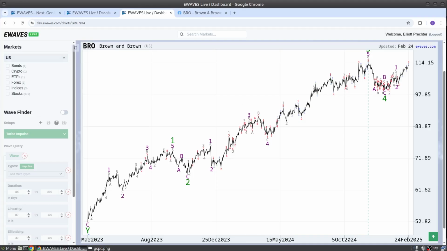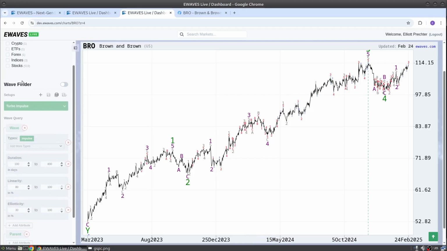So what this does is, eWaves is doing fractal analysis like this on hundreds of markets for the individual investor packages, and we have institutional packages that are thousands of markets. So if you go over to the Wavefinder, this is a tool which is really the world's first Elliott Wave search engine.